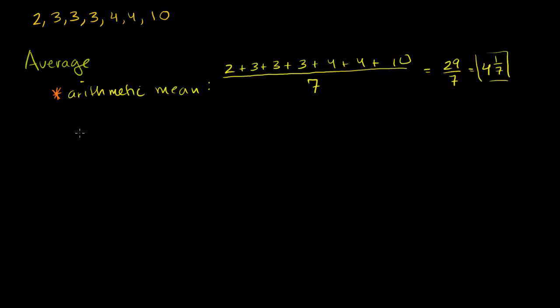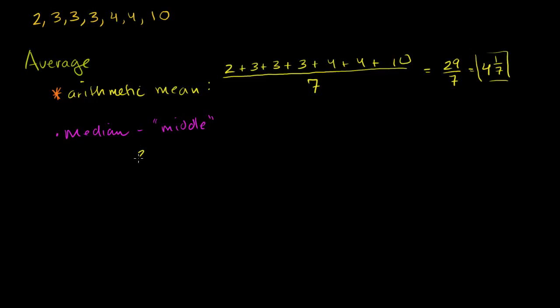The other forms of average, though, are the median, and this literally is the middle number. And if there are two middle numbers, you actually take the arithmetic mean of those two middle numbers. You find the number halfway in between those two middle numbers. So the median of this set right here, let me just rewrite them.